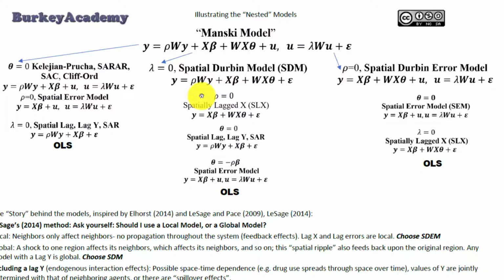So if something happens in one region, that spatially lagged y is going to allow that change to propagate or have an impact on every other region in the model, even if they are not specified as neighbors. The Durbin Error model, on the other hand, is what we call a local model.